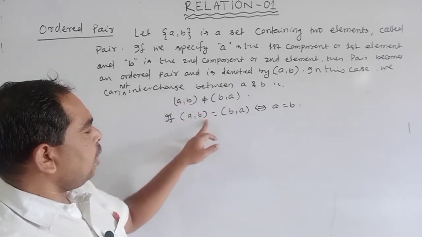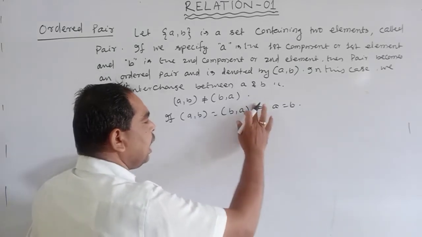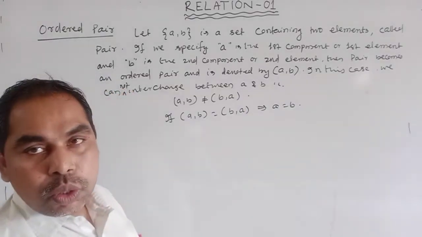If the ordered pair (a, b) equals (b, a), this implies a is equal to b.